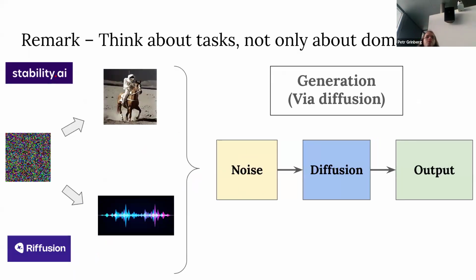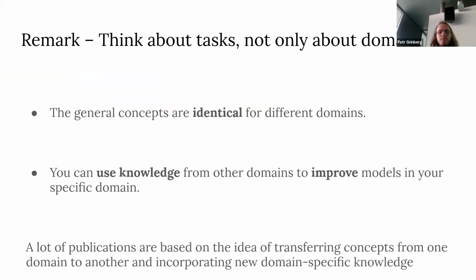If you want to generate pictures or you want to generate audio, with diffusion, you do it from some random noise. And the idea is exactly the same for both of the domains. Given some noise, your model returns some output using the same algorithm. The only thing that changes is the type of input for us as humans. For the model, it will be just some matrices and it doesn't care.